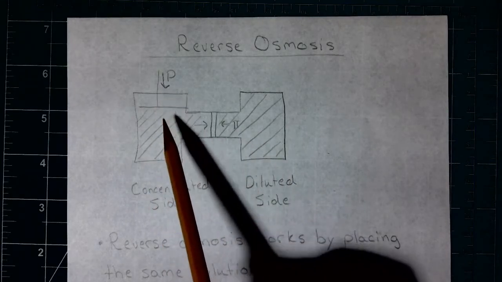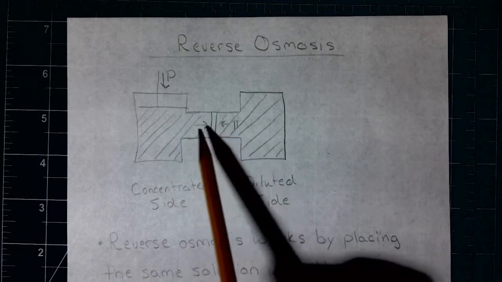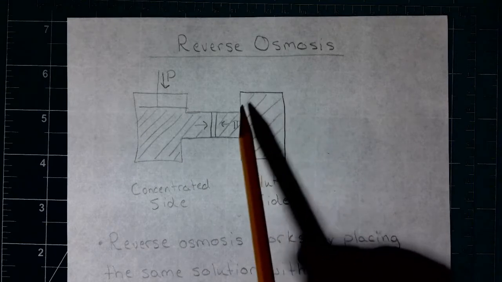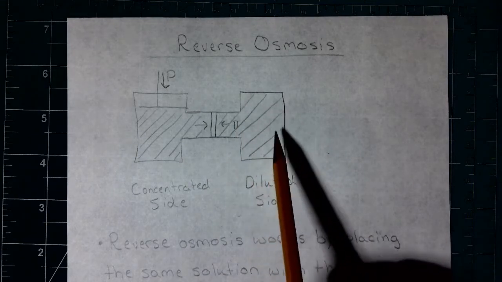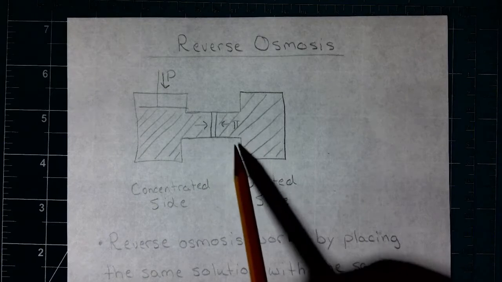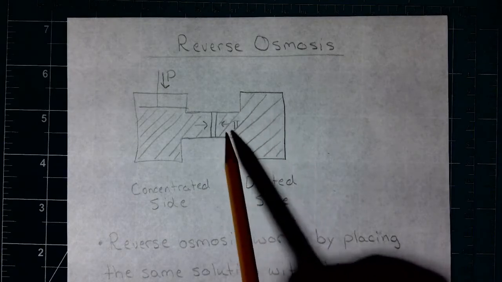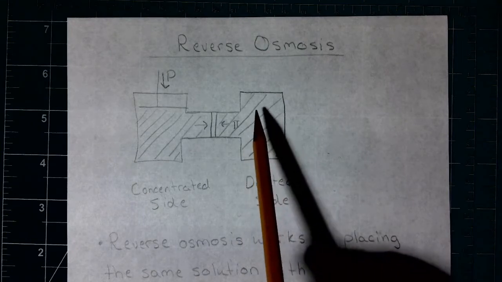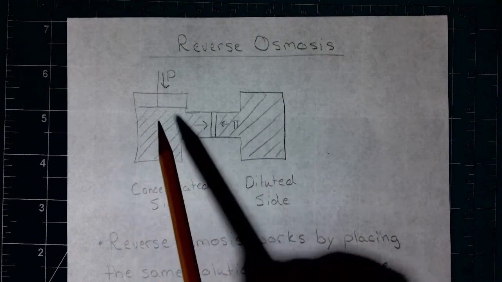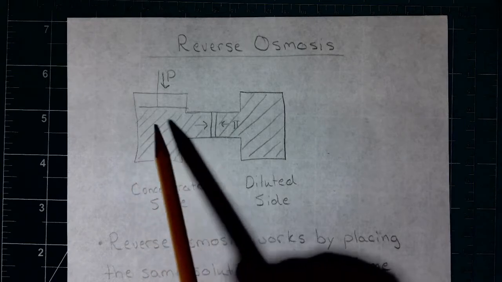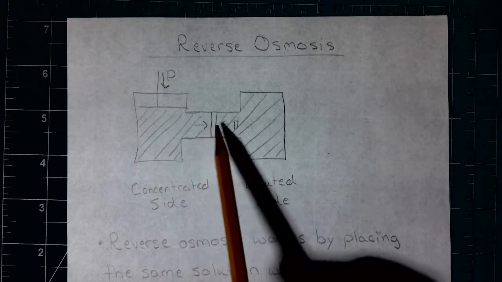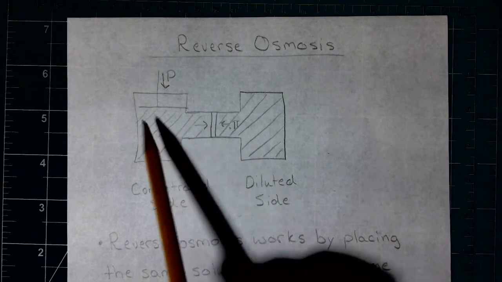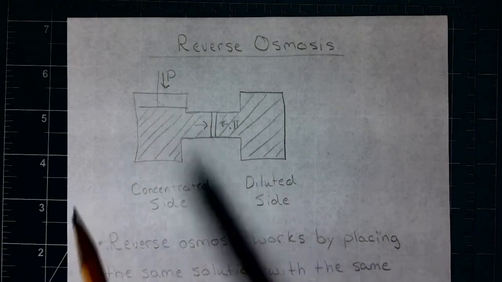And then you start pushing on one side, pushing it through this semi-permeable membrane, and you wind up diluting this side, adding more water molecules to it and having less solutes that would be undesirable in your water on this side, and concentrating down the solutes on the other side. And this is going to continue until the osmotic pressure on this side is equal to the pressure that you've applied on that side.